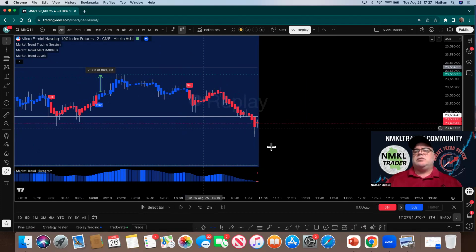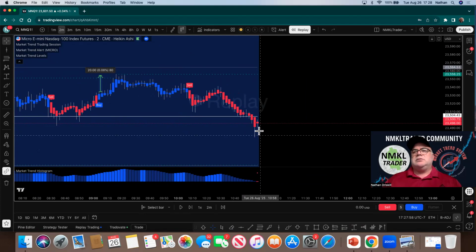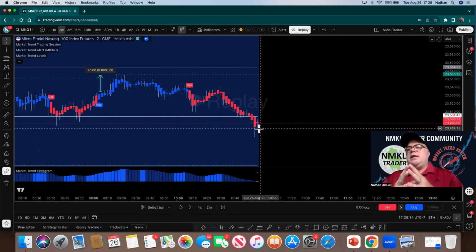So what I want to do is show you that we have an agreement right here. This agreement is very crucial because normally what the rules are is you would put in a sell stop, a couple of ticks below the wick of the low candle, the signal candle.